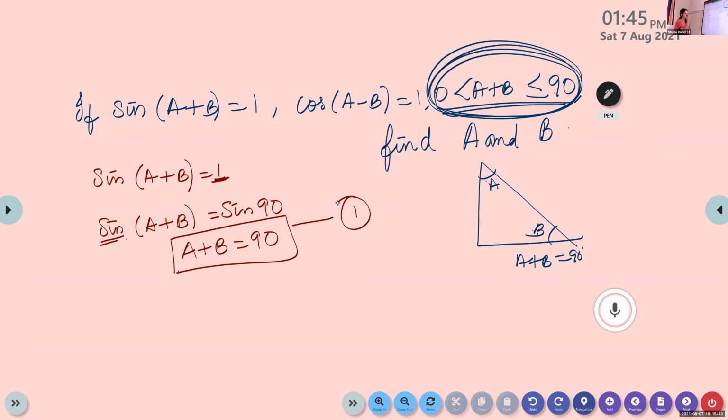The same way, take the next one. Cos of a minus b is 1. Here we have to write the value of 1 in terms of cos.